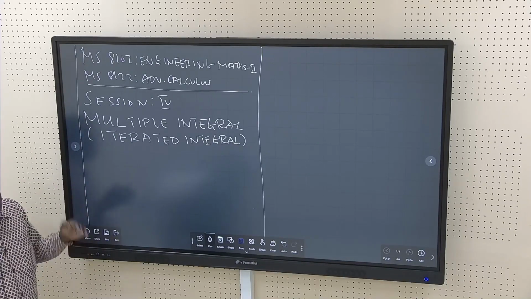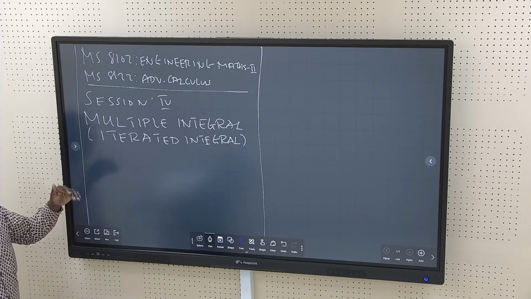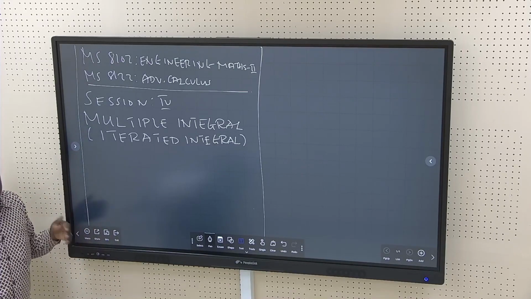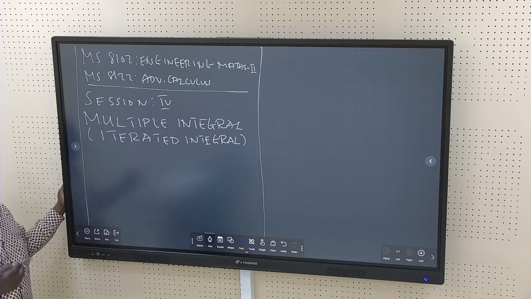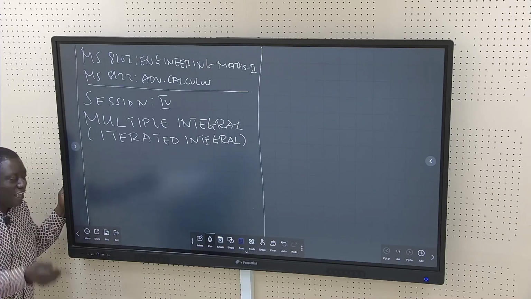perform several integrations. And before we go further to multiple integrals, let us have a quick review on integration, especially on evaluating integrals as an area.